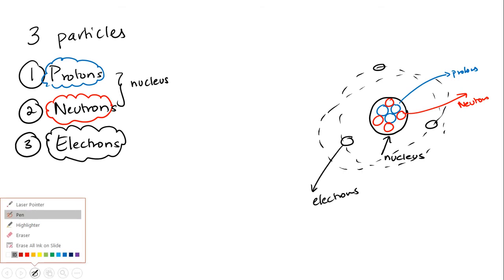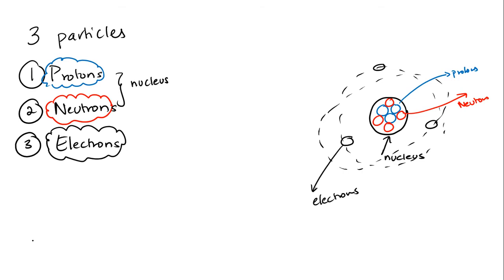Okay, now protons and neutrons actually have most of the mass of an atom. Electrons weigh almost nothing. Larger than 99% of the mass of the atom comes from the nucleus.